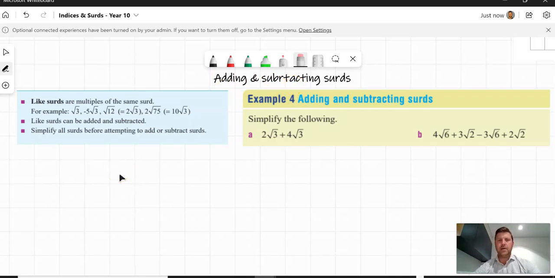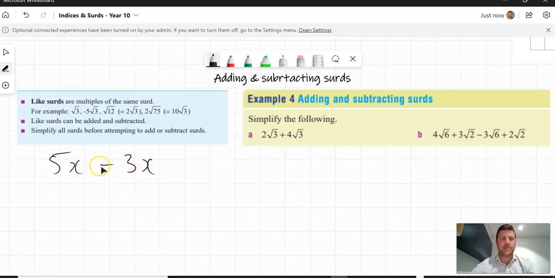I compare adding and subtracting surds to adding and subtracting like terms. If you remember how to do that, or you've done that before, an example might be 5x take 3x. There's two terms here, and they're both considered like terms because they have the same variable, which is x. So I can collect these like terms.